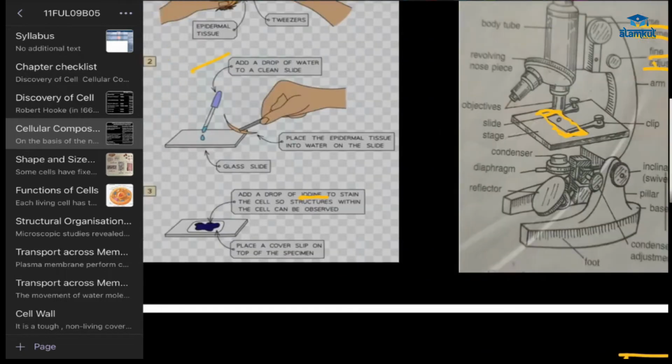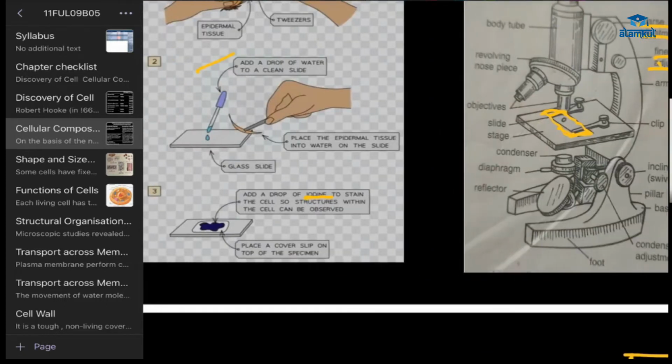From the onion one. So what we are doing, we are taking an onion and peeling the outside part. We are taking a small piece and putting it on a glass slide, which is rectangular. It is a transparent rectangular shape.